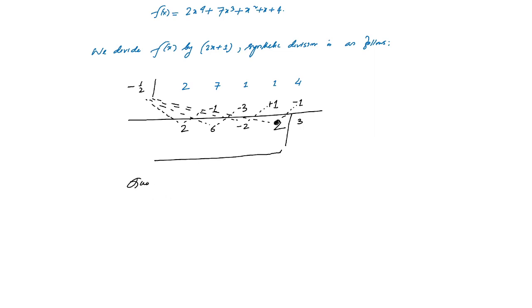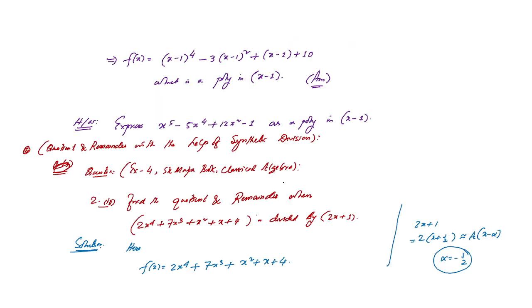So what will be the quotient? Your quotient will be, starting from this side, 2 plus minus 2 into x, then 6 into x square, then 2 into x cube. But you will see here, when we represent 2x plus 1, it's 2 into x plus half.